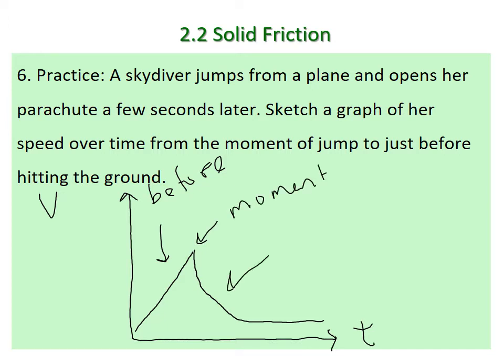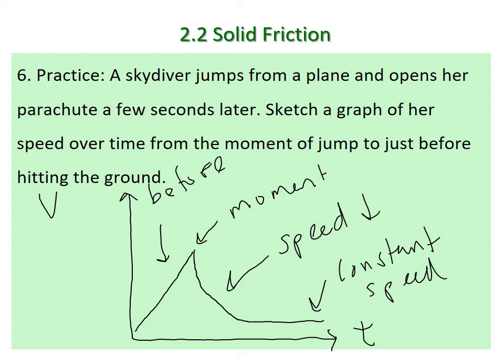And then her speed decreases slowly. Her speed is going down until it becomes constant. The parachute prevents her from accelerating to the earth, but she still descends at a constant rate.